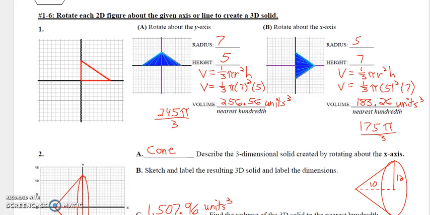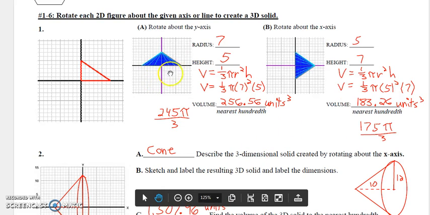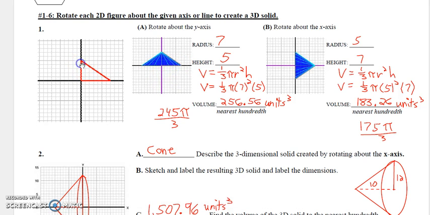Now, that's where these numbers came from. When we revolve around the y-axis, this was the height of the cone, which is 5, and this was the radius of the circle. See how the circle is this whole thing here? So, now I go to look at my formulas. I found the formula for the volume of a cone. It's one third pi r squared h. R is 7, h is 5.